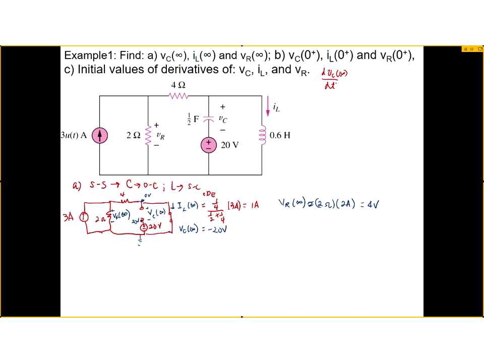Because it appears like you're finding the steady state value and differentiating. Of course, the value will be 0, right? You evaluate V sub C at infinity, and then you differentiate that. Of course, VC at infinity is a constant, and when you differentiate that, it's going to be 0, right?